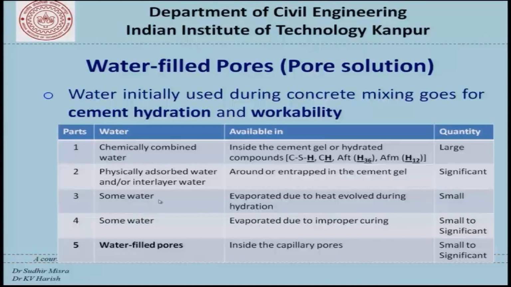The third one is some water which is evaporated because of the heat evolved during the hydration process, and some water which, if you do not cure properly, also gets evaporated to the environment, and finally you have the fifth one, which is water filled pores, where some water may actually fill some capillary pores that are present.